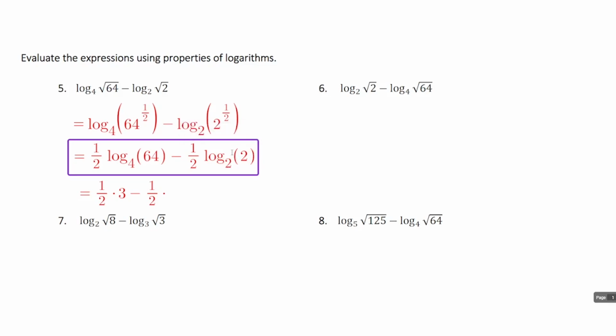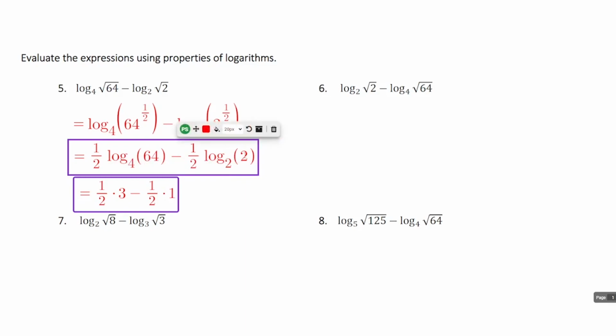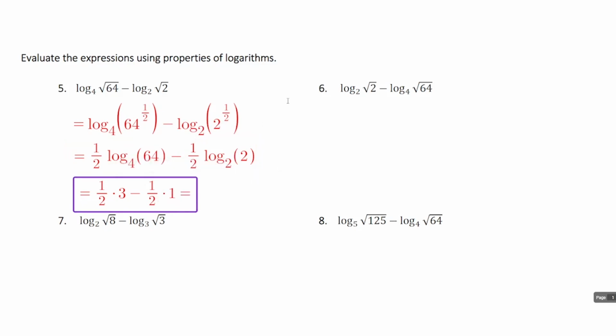And this would be 2 to the first power equals 2. So log base 2 of 2 is 1. And really, any logarithm is going to equal 1 when the base and the argument are the same. Okay, so here what we really have is just 3/2 minus 1/2, which would be 2/2, and so it just equals 1.